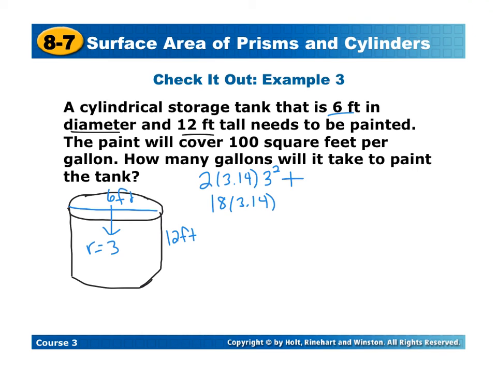So our circumference, which is going to be pi times diameter, or 6 times 3.14 times the height, which is 12. Once again, if I do the mental multiplication, I can do 6 times 12, which gives me 72, times 3.14.